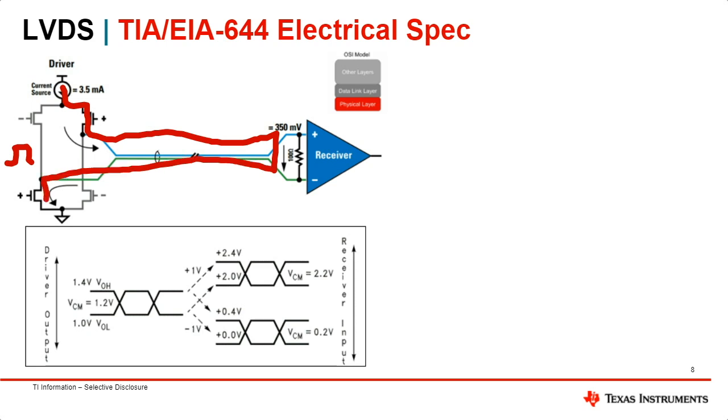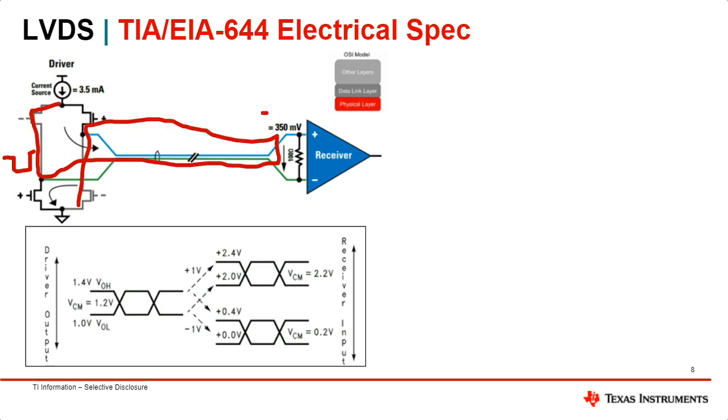And so this will create a positive 350 millivolt differential voltage that's seen at the receiver. Similarly, if we have a logic low, that will cause current to flow in this direction through the 100 ohm termination resistor and back to ground, creating a negative 350 millivolt differential swing.